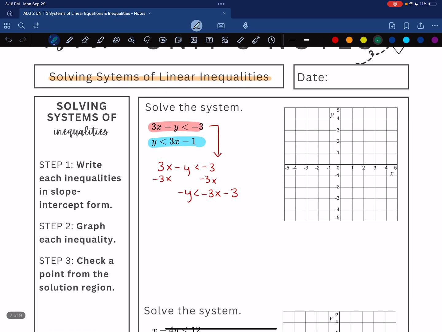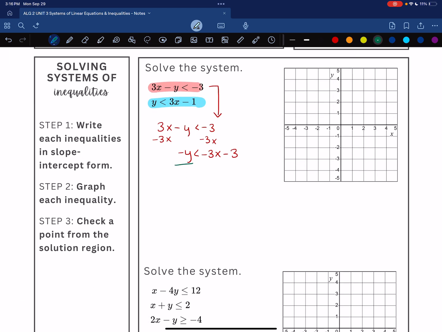And right here, I'm going to need to divide by a -1. Every single term is getting divided by that -1, which means then I'll have my y by itself, but I've got to flip the direction of that sign. This is now going to be a positive 3x and a positive 3. Okay, now that inequality is in the form where I can go ahead and graph it.